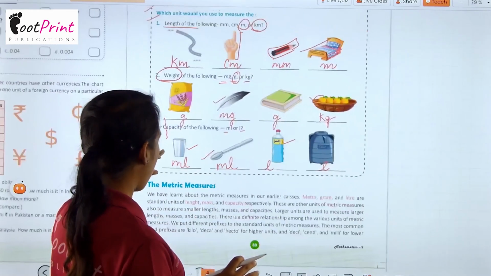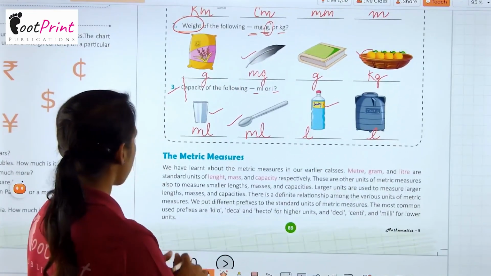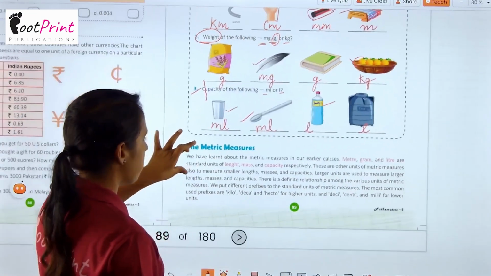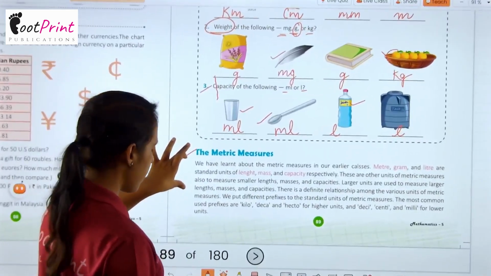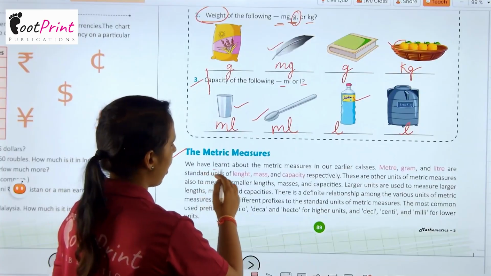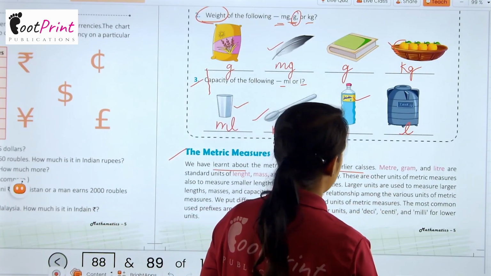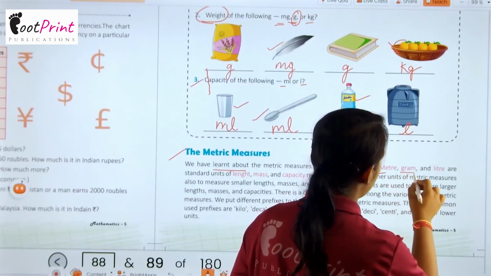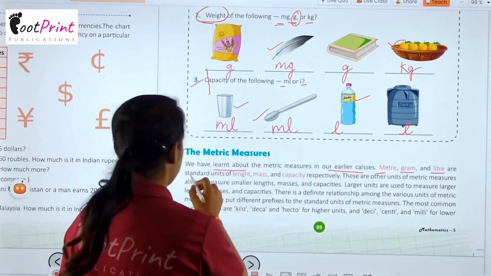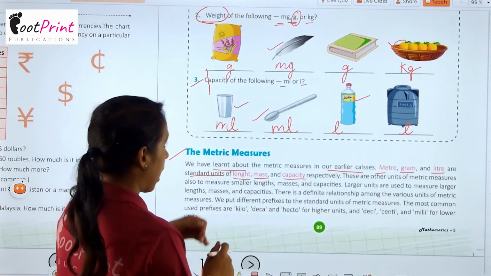Now we will move to our topic. So here are the metric measures. How do we measure? We have learnt about the metric measures in our earlier classes. Meter, gram and liter are the standard units of length, mass and capacity.